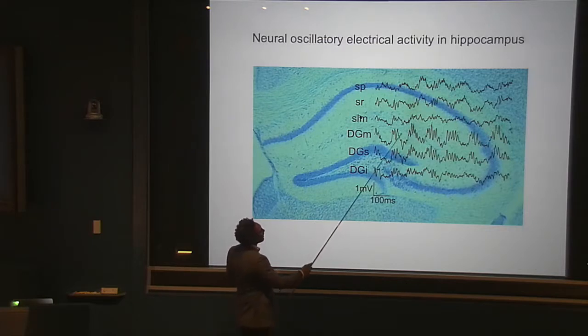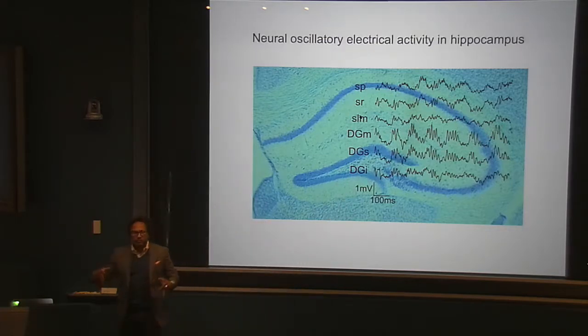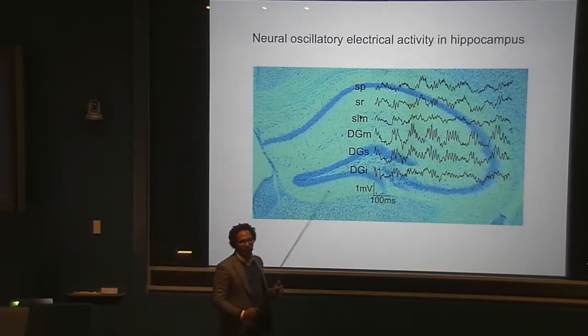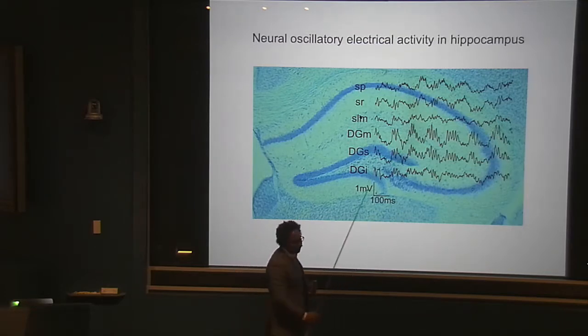And so you can recognize that these oscillations differ. These oscillations are the field electrical activity from a massive number of synapses that are being coherently activated. And because of the physical arrangement in the hippocampus, you can measure these oscillations.